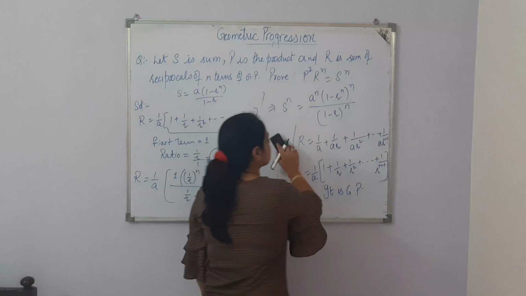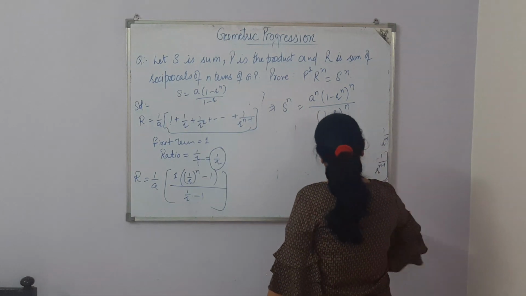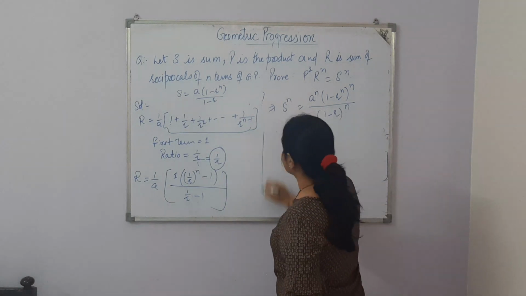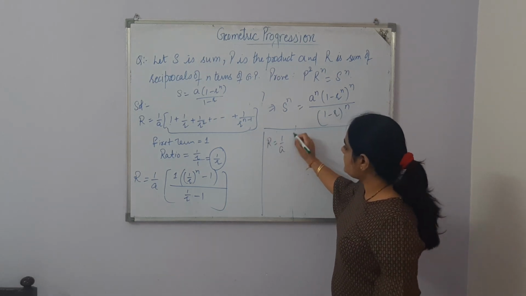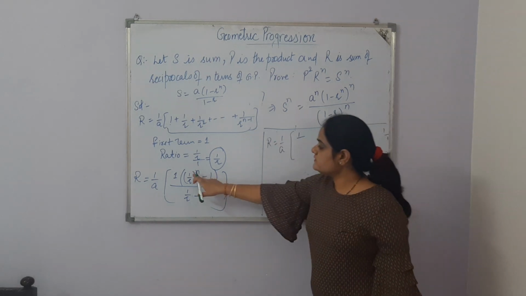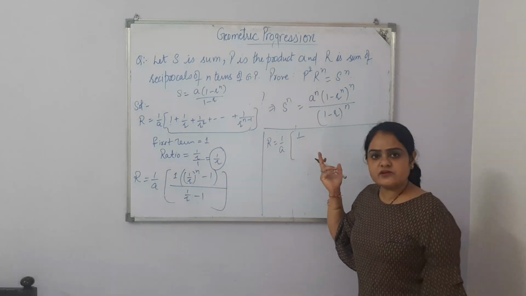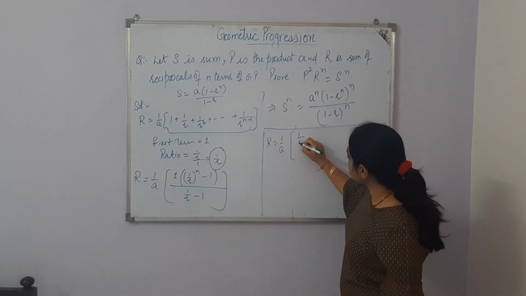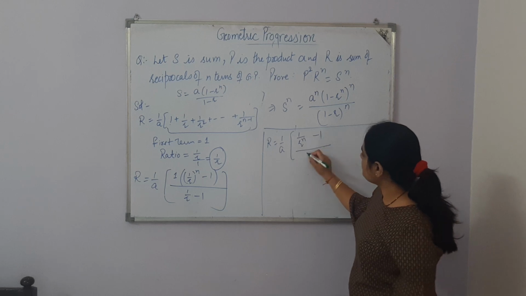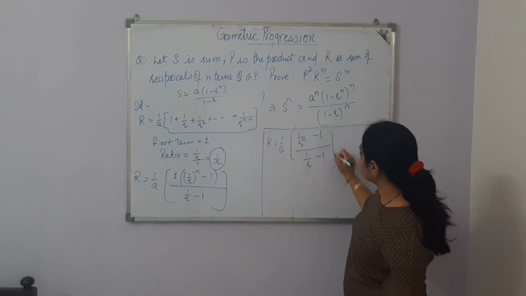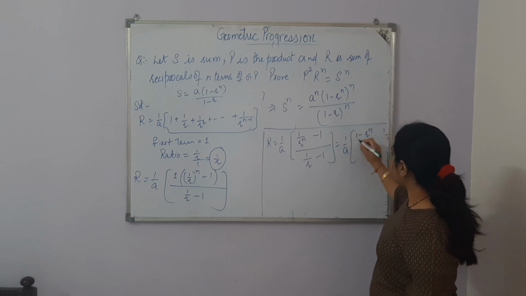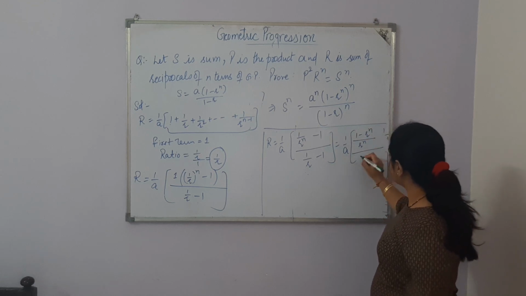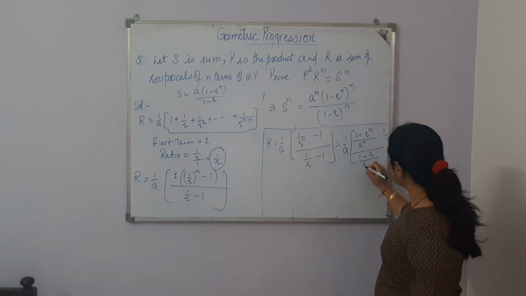Now we'll solve this. R is equal to 1 by a, 1's power n is equal to 1. Whichever is the power of 1, it is 1. (1 by r raised to power n minus 1) upon (1 by r minus 1). We'll solve it. After we take the LCM, (1 minus r raised to power n) whole upon r raised to power n, upon (1 minus r) upon r.